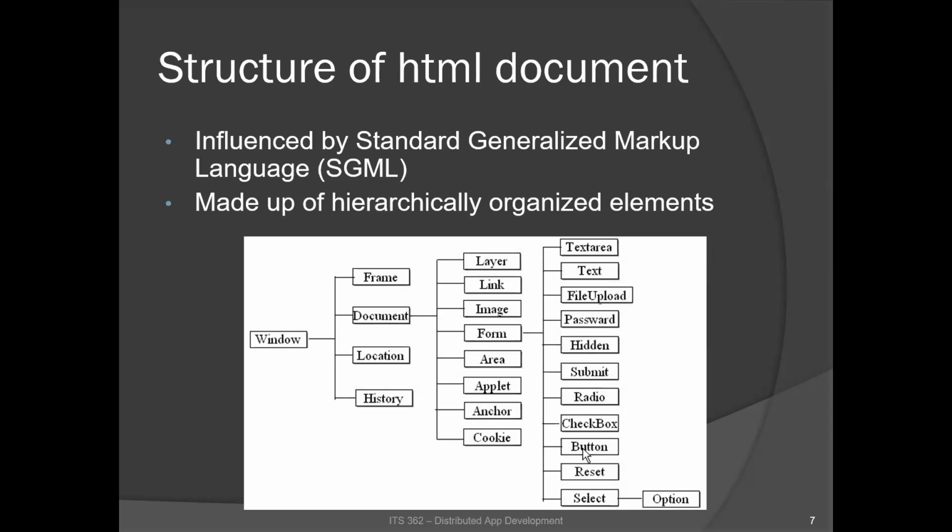So we use tags to reference all these things, right? We basically use an encapsulation approach of tags. So we have a set of tags, opening tag, closing tag, and then they encapsulate the content. So within a document, we can have things like layers, links, images, forms, areas, cookie, all kinds of things.